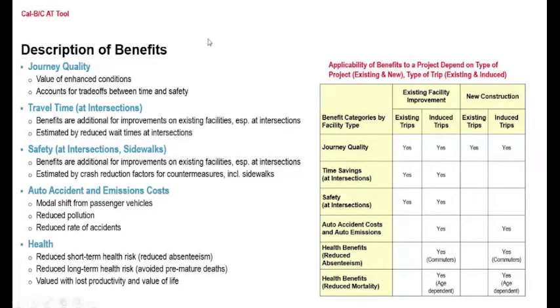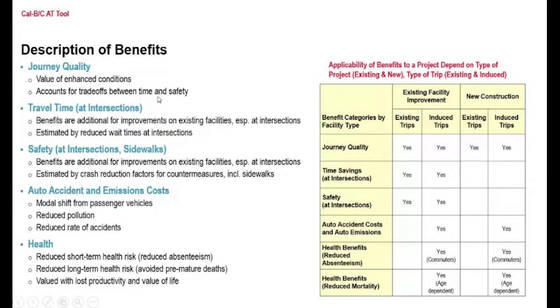So if you make a specific improvement at an intersection where you have made it safer to cross that intersection, maybe you've changed the signal timing, you've put in some striping that helps you get through the intersection, there could be travel time savings or safety benefits specific to that intersection, and we view that as not double counting with what we're already capturing in the journey quality benefits. So we can add in that information and capture some additional travel time benefits.